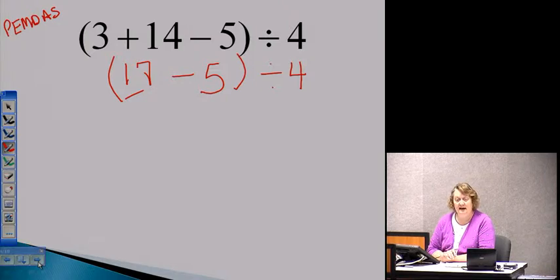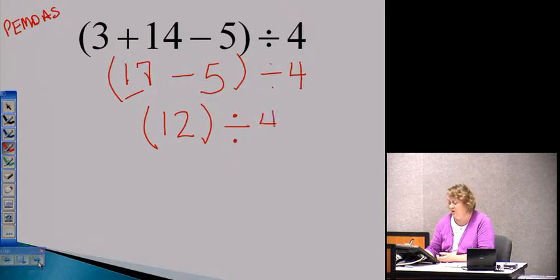Then 17 minus 5 gives me 12. And then lastly, 12 divided by 4 is my last step because I finished what is inside the parentheses.